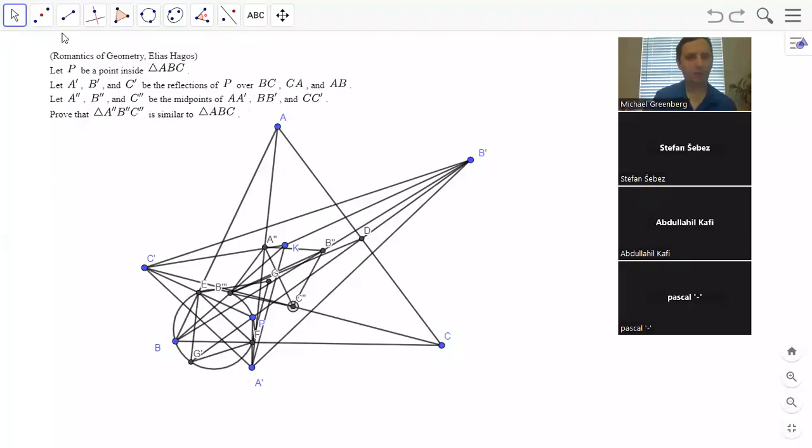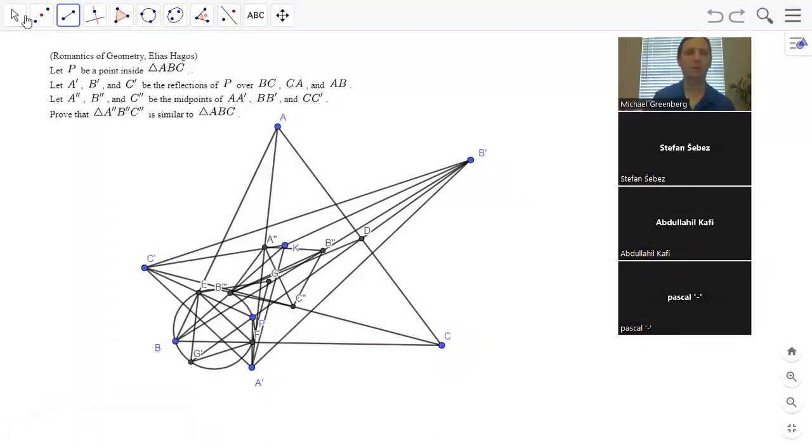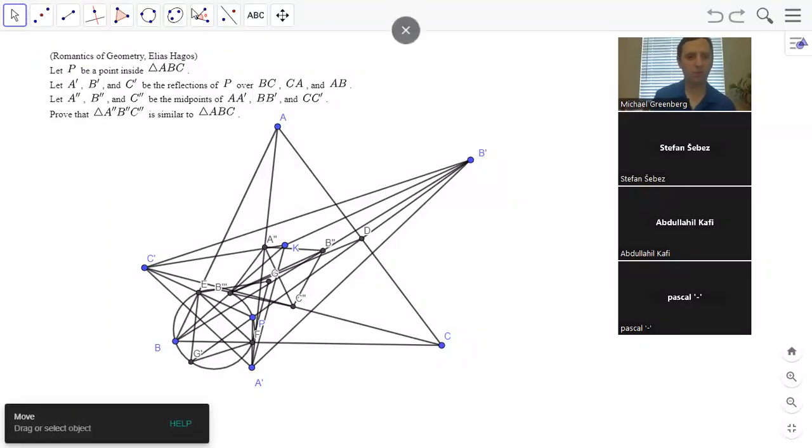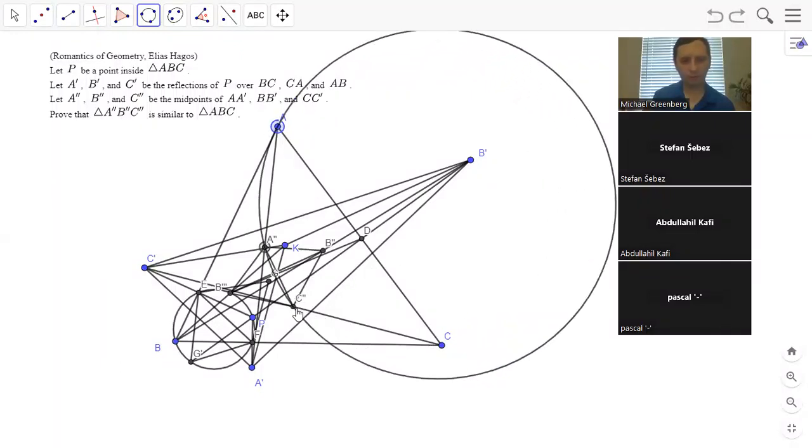I wonder if there's a way to get what this line is without needing each individual point, A double prime and C double prime. Also, I wonder, is this cyclic?